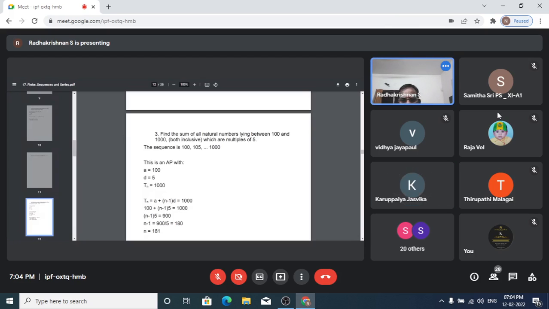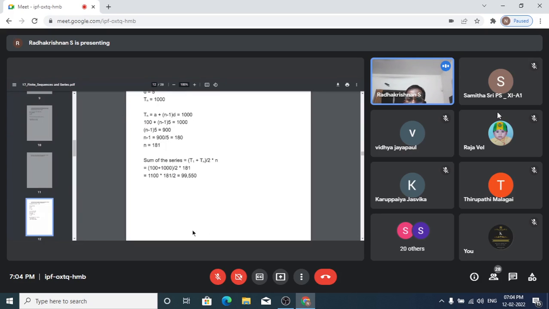That's correct. Yeah. Very good. So it is (T1 plus Tn) divided by 2 into n. That is (100 plus 1000) divided by 2 into 181, or the average 1100 by 2 into 181, which is 99,550.